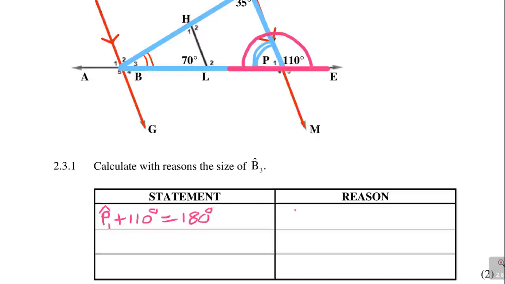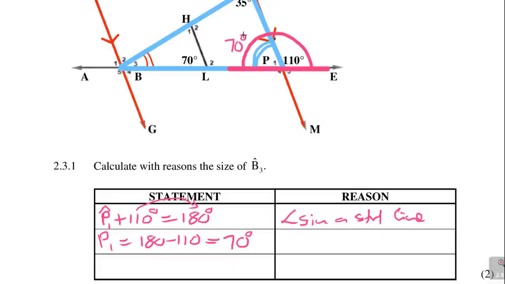So what are you going to say? This is angles in a straight line, they add up to 180. So you take that 110 to join 180. What do you have? P1 is equal to 180 minus 110. Then you can get your answer. This will be equal to 70 degrees. So you have got your P1 as 70 degrees.